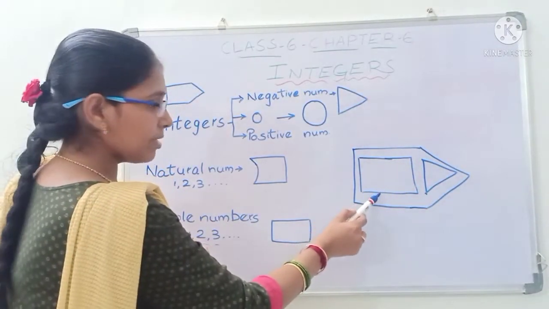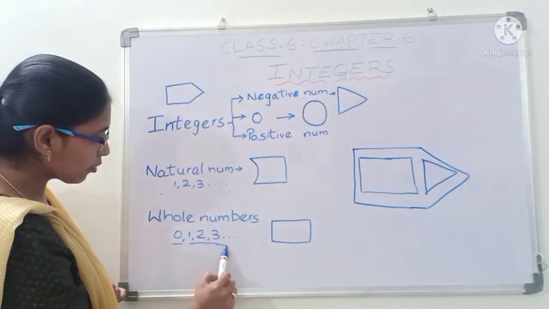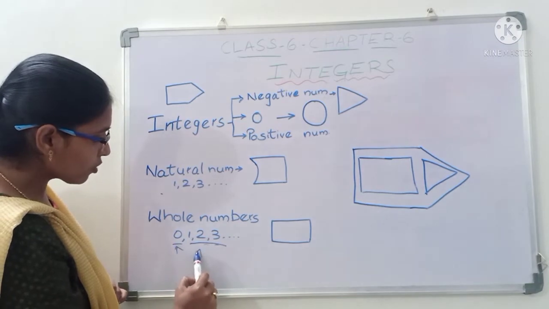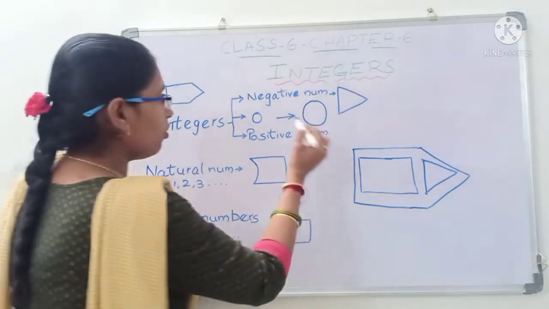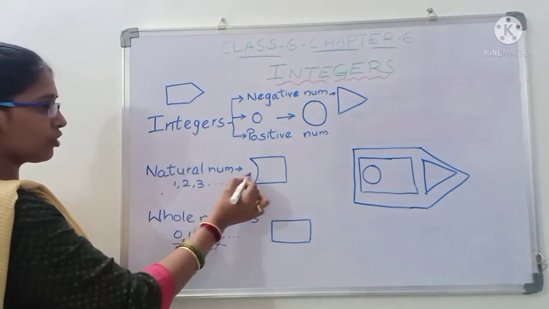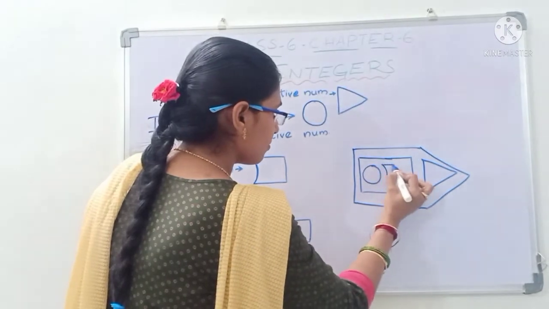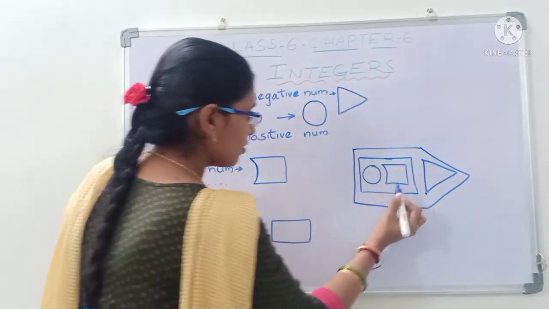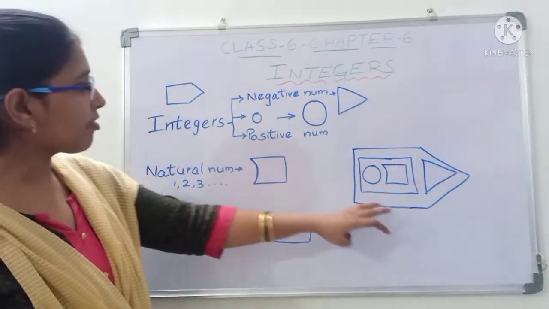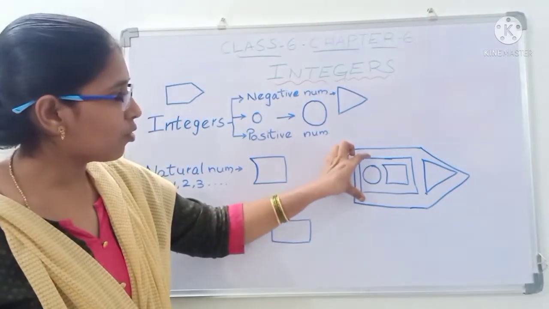Now let's come inside this rectangle. Rectangle means whole numbers. Whole numbers contain 0, 1, 2, 3. That means 0 and positive numbers. 0 is represented by the symbol circle and natural number is represented by this symbol. Let's draw it. So together we can say, from this shape, integers contain negative numbers and whole numbers.